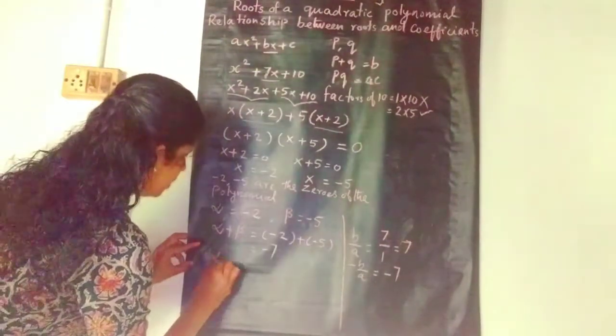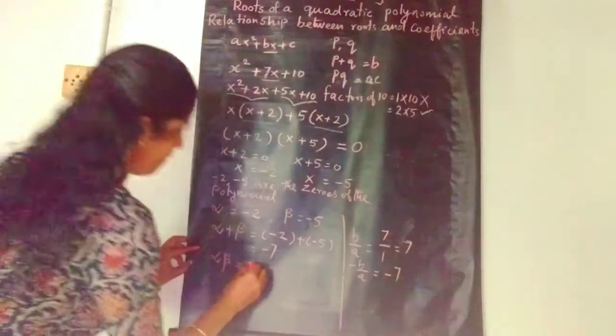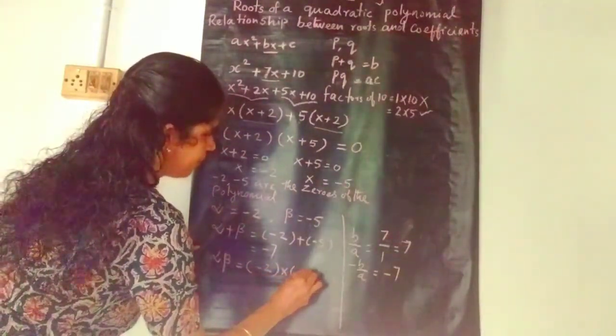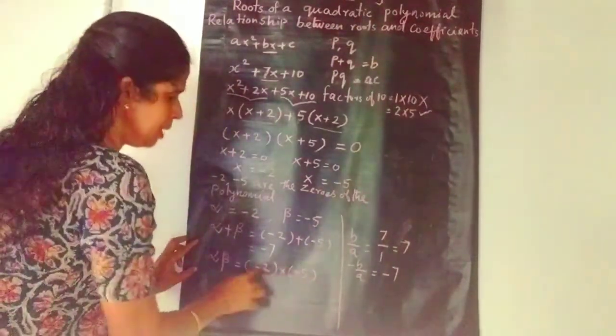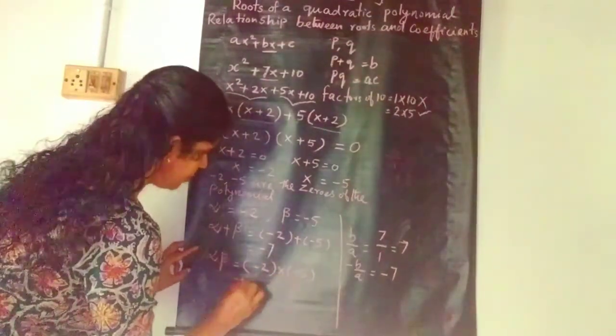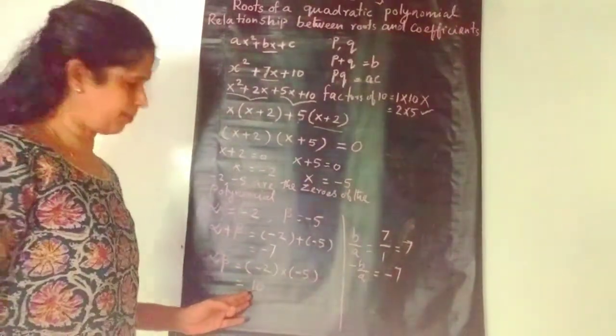Alpha beta, if you are looking at the product, alpha beta is equal to -2 into -5. When you are multiplying two negative numbers, it will come positive. So 2 into 5, 10. Negative into negative, positive. So we are getting positive 10.